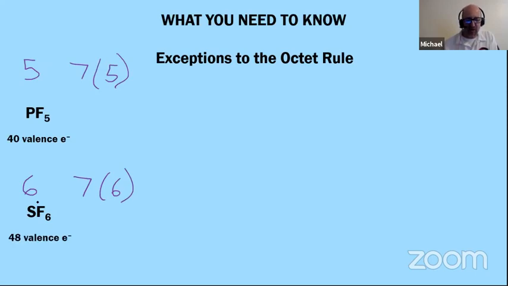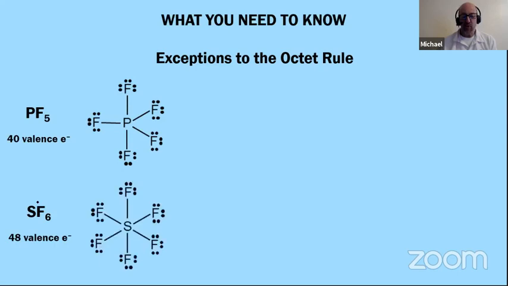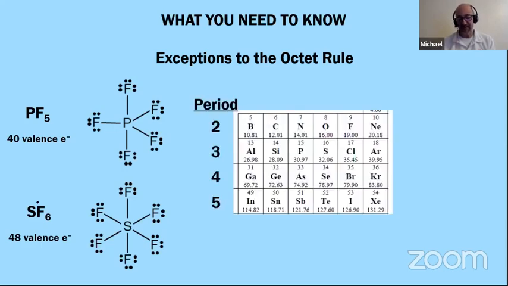So how would you draw the Lewis electron dot structure for an atom where it actually has more than an octet? Well, as we talk more about valence shell electron pair repulsion theory, we'll definitely see examples of molecules like these. But be aware that there are some atoms that are what are called hypervalent.